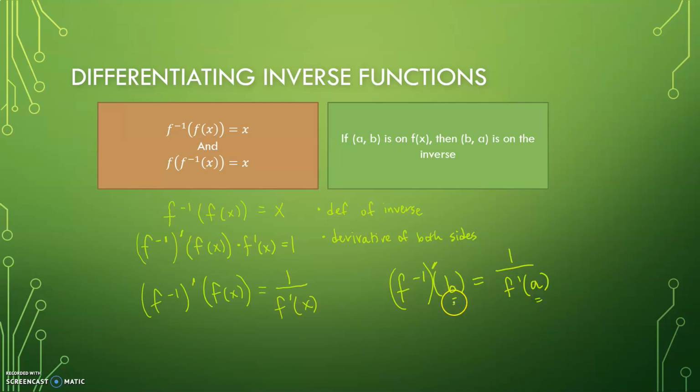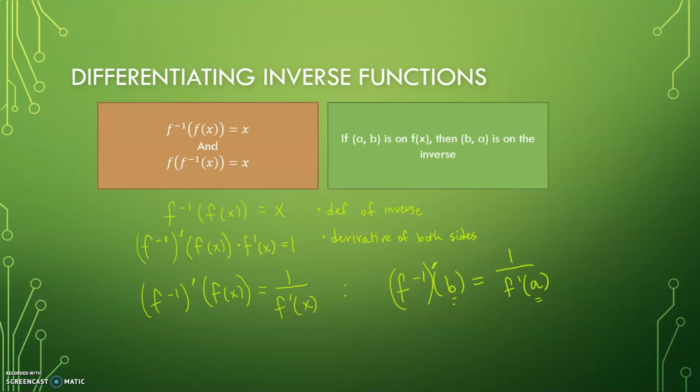So these two x coordinates are different because this is the y coordinate on f, which makes it the x coordinate on the inverse, and this is the x coordinate on f, which makes it the y coordinate on the inverse. All right, so this is that relationship in notation. We're saying that the slopes are reciprocals.